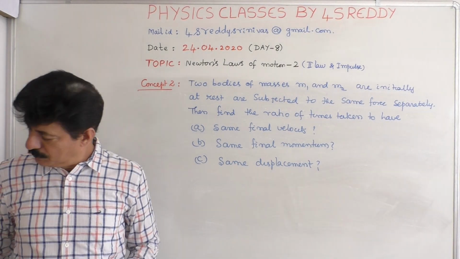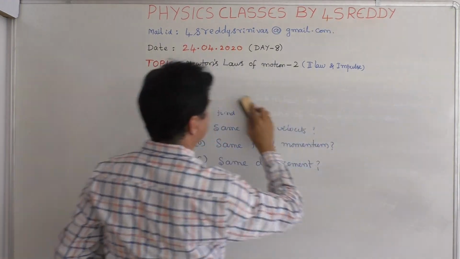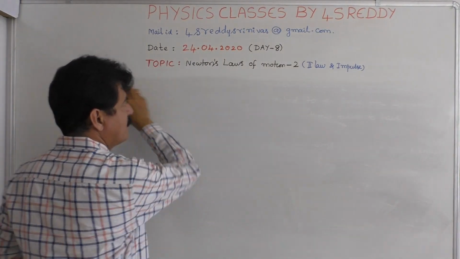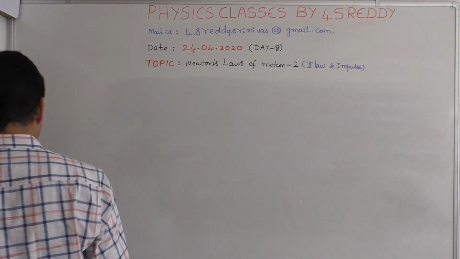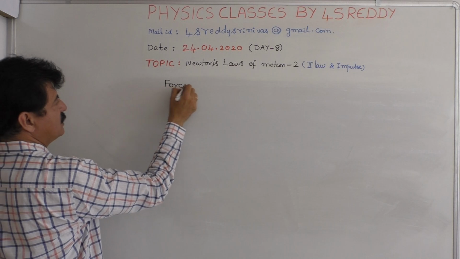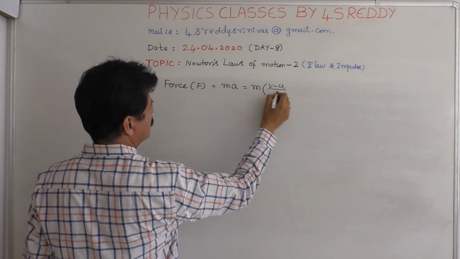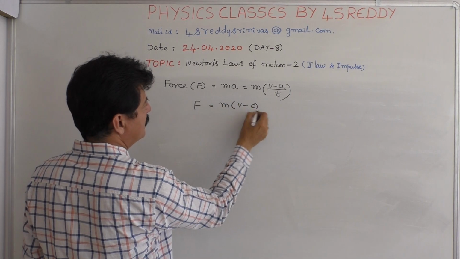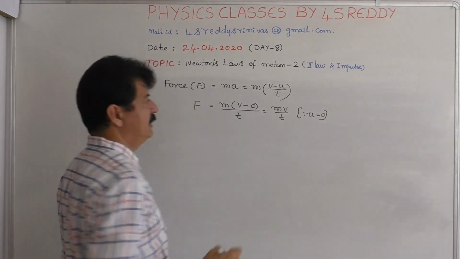Then what to do? For this, first thing we have to do is force F is equal to m into a, that is nothing but m into (v minus u) by t. Or F is equal to m into (v minus 0) by t, that is mv by t, since initial velocity is 0.